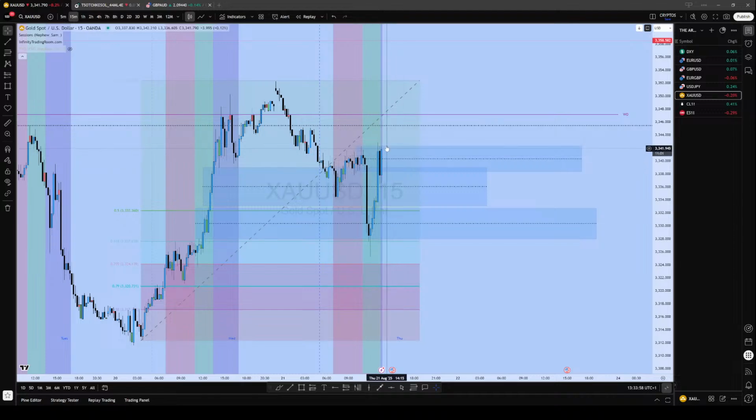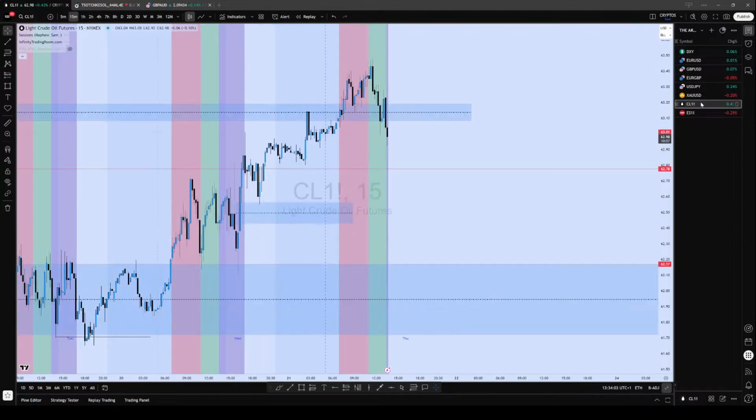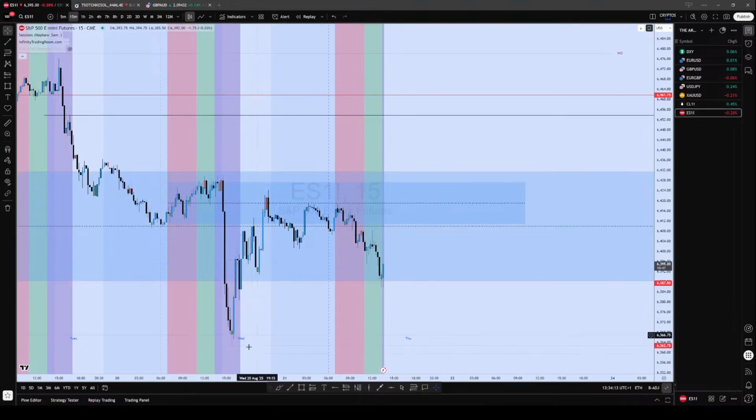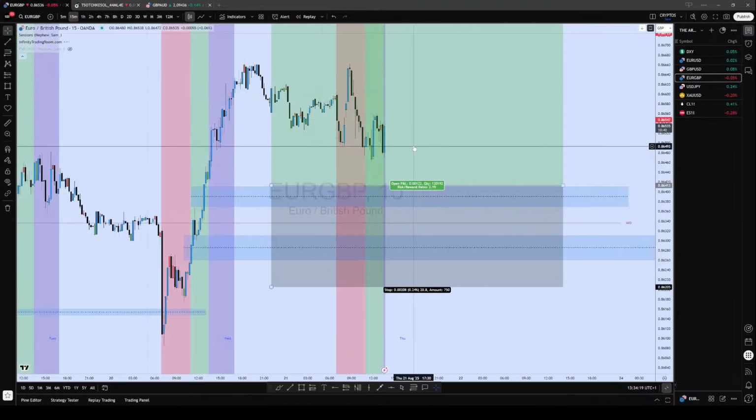That's the one that you need to focus on to continue going up. Crude oil is also a buy. You can look for a buy once you get the immediate close on the M15 or H1, and then I think ES, we'll see how price will do when we go below this low. And then Euro Pound, it's also likely gonna go up, so you can look for a buy on that too.